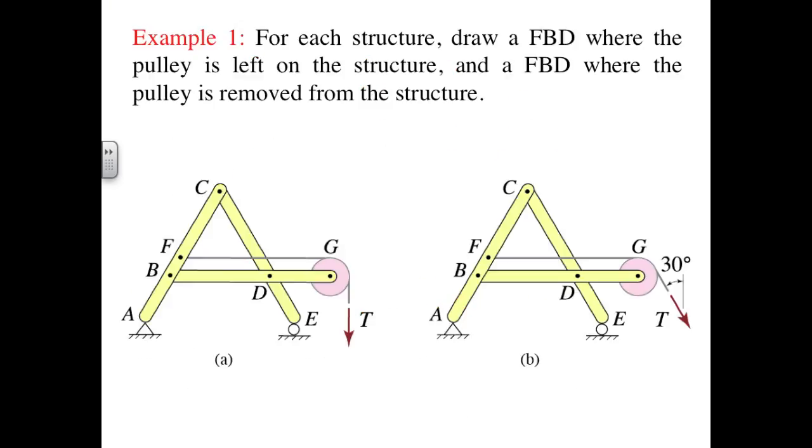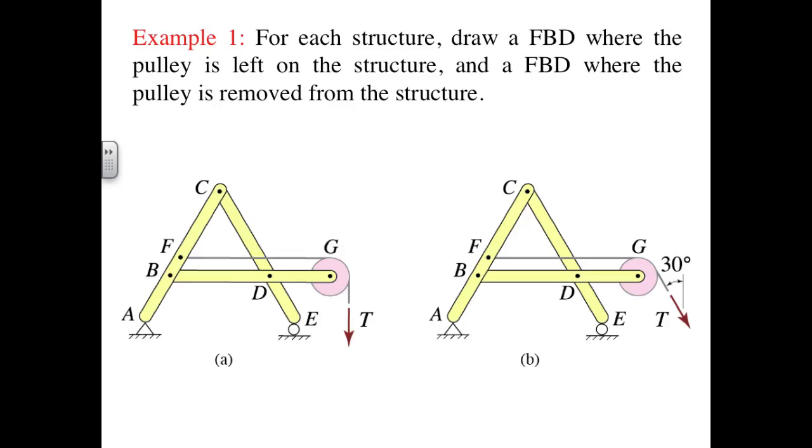In this example, we have three members pinned together to form a crude A-frame. A pulley is mounted at the end of the horizontal member BDG, and there is a cord attached at F and wrapped around the pulley in two different configurations. The problem statement requests free body diagrams with and without the pulley on the structure.